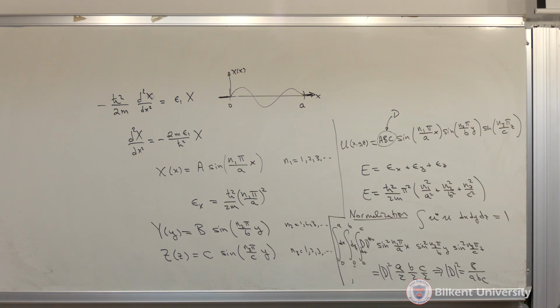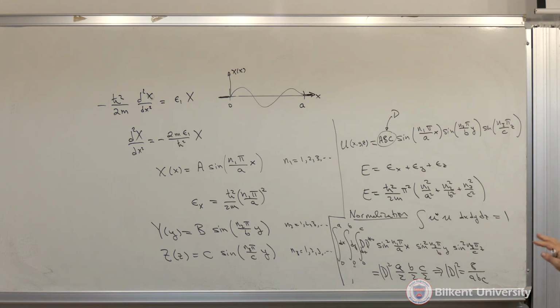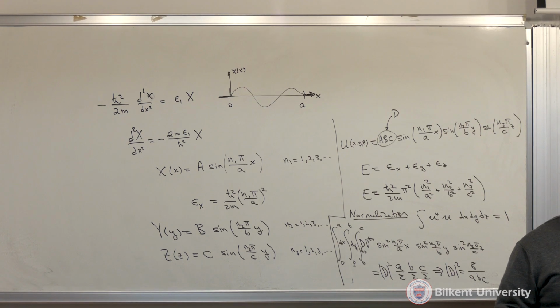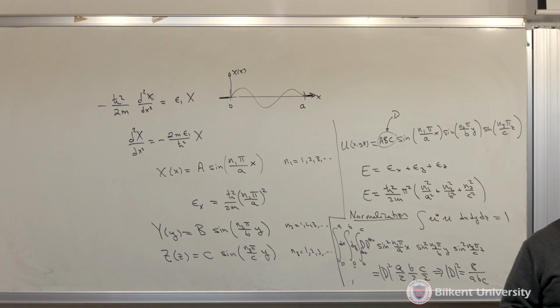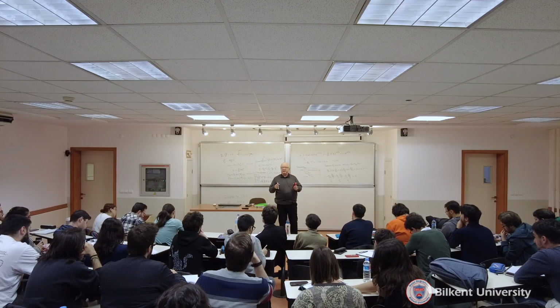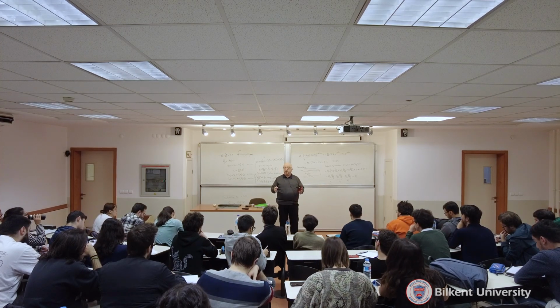Now, let's look at various forms of this. We are going to use this result quite a bit, because whenever we talk about, for example, electrons in a material, the easiest geometry that we can consider is the geometry of a box.